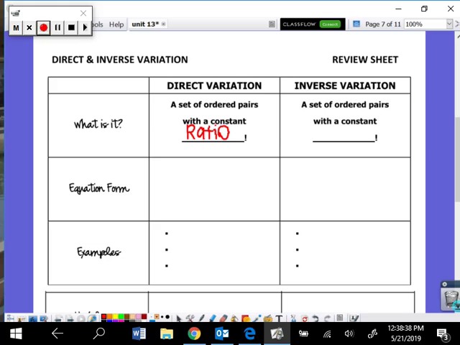And so remember, a ratio is going to be a fraction, or you can think of it as dividing. And then inverse variation is a set of ordered pairs with a constant product. And when we think of product in math, we think of multiplying.